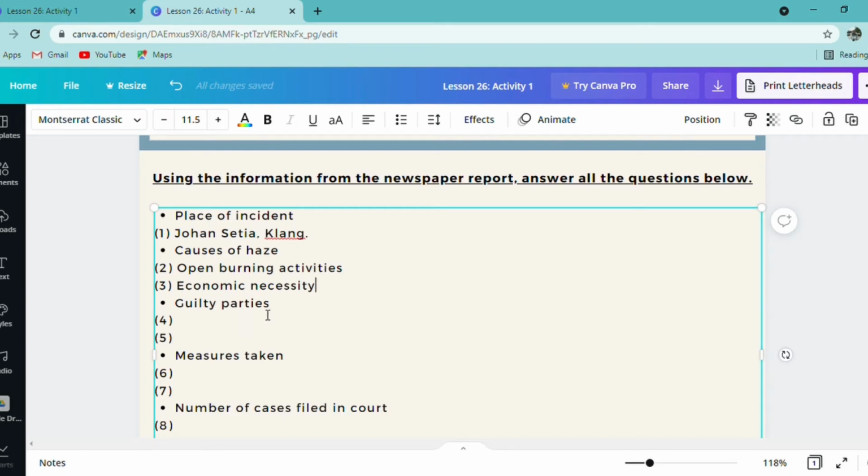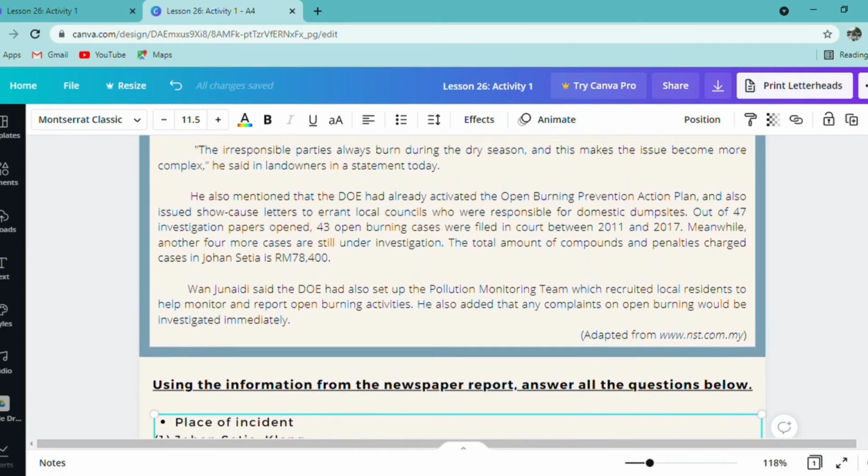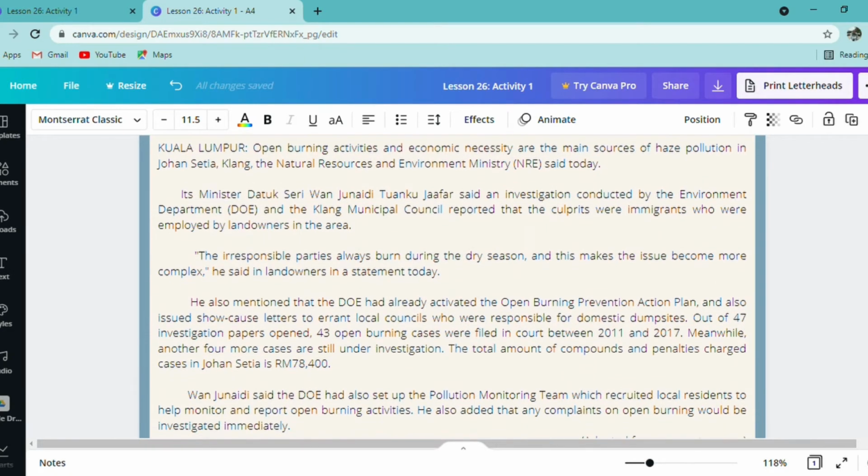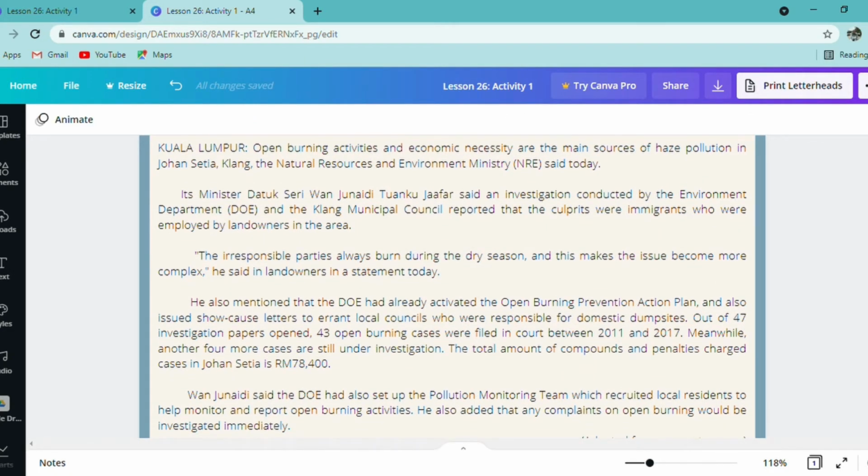Alright, so now we are going to find the answer for guilty parties. We are going through the text again, and we need to find who is the guiltiest party in this text.